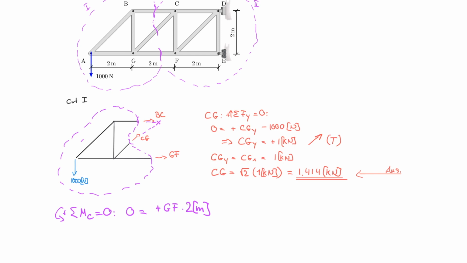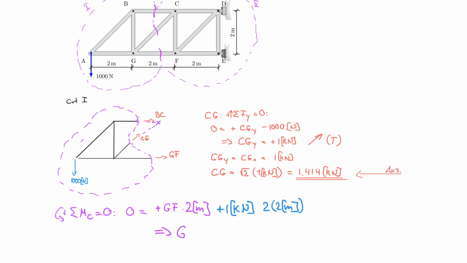And then I also have the 1000, well, I'm going to make that a kilonewton in this case. So 1 kilonewton, and that is multiplied by, be careful now, 4 meters, right? So 2 times 2 meters. And my rotational sense is turning about that point this way around, so that is counterclockwise. So therefore it's also positive. And now I can solve this for GF.